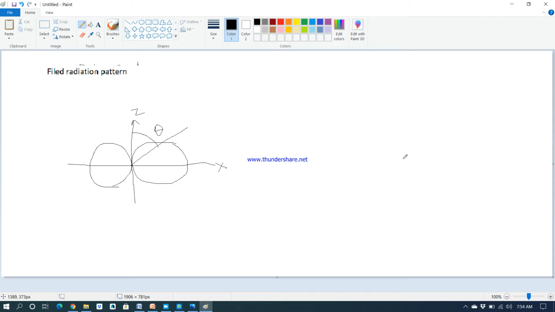It requires three-dimensional representation to represent the radiation for all angles of phi and theta. The three-dimensional pattern cannot be plotted on a plain paper, so three-dimensional representation is avoided here.